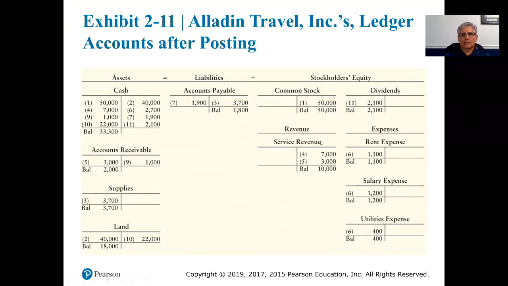Cash 33.3, accounts receivable 2, supplies 3,700, land 18,000, accounts payable 1,800, common stock 50,000, dividends 2,100, service revenue $10,000 credit, rent expense debit of 1,100, salary expense debit of 1,200, and utilities expense debit of 400. These T accounts represent the ledger.